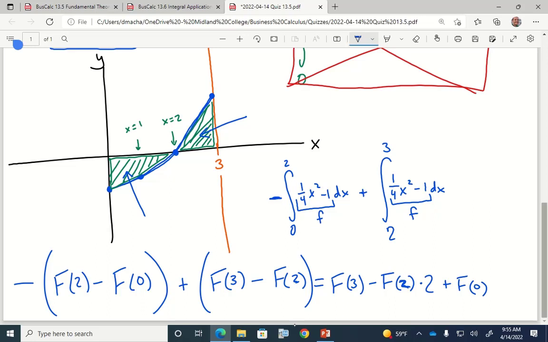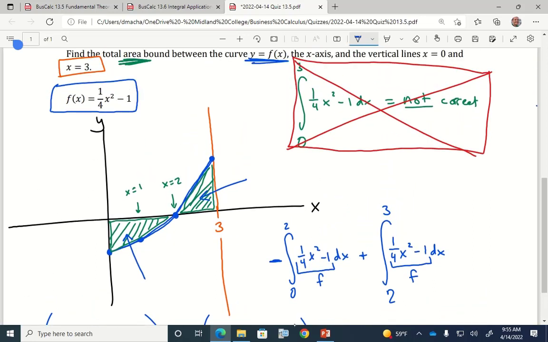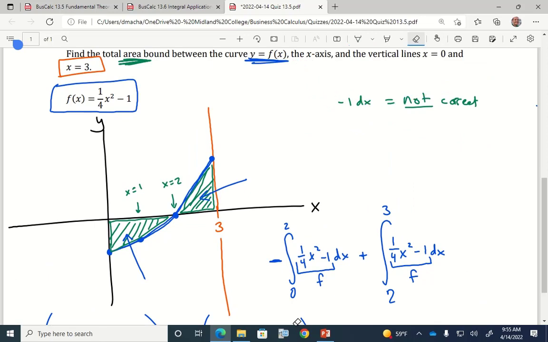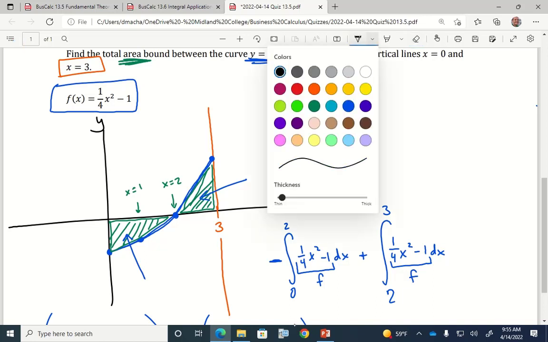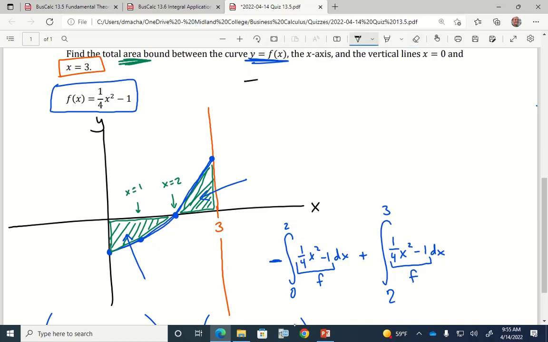And first, I need to find what is capital F anyways. So got to make a little bit more room. This capital F is the antiderivative of this. So what would be my antiderivative of lowercase f?